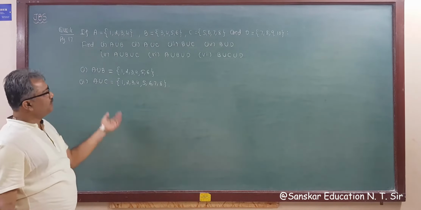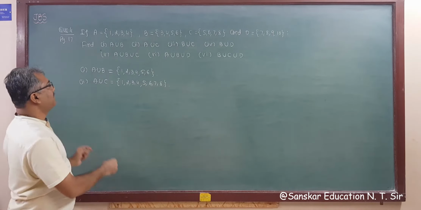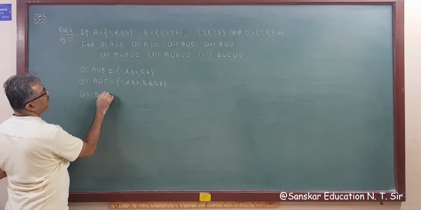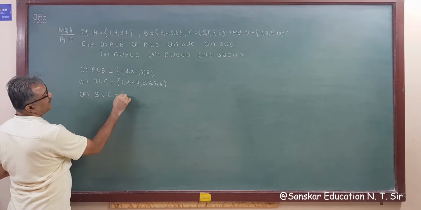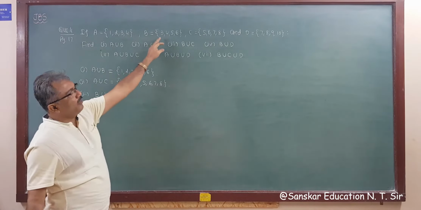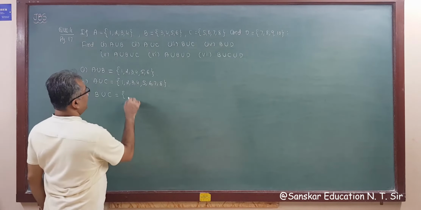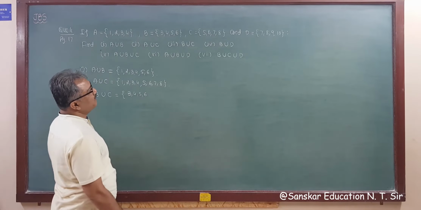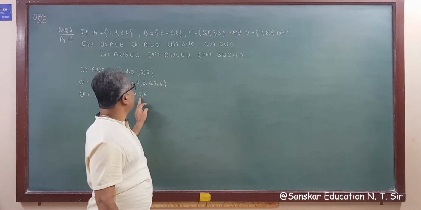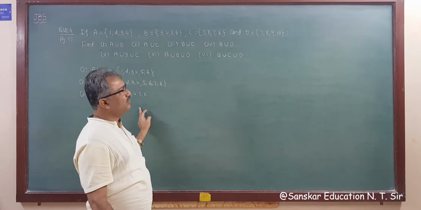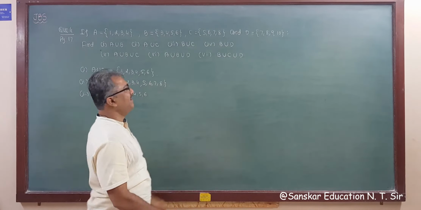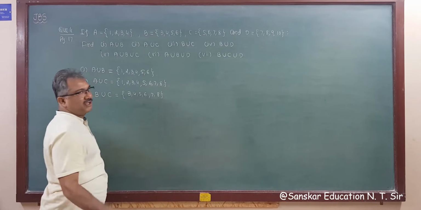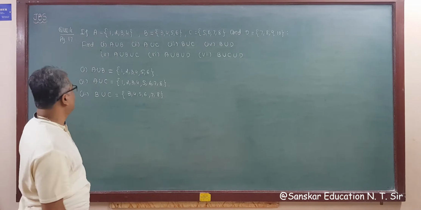Now number 3, B union C. First the elements of B, that is 3, 4, 5, 6. Now in C, 5 is already there, 6 also. Remaining are 7 and 8, so I write 7 and 8, because each element comes exactly once.